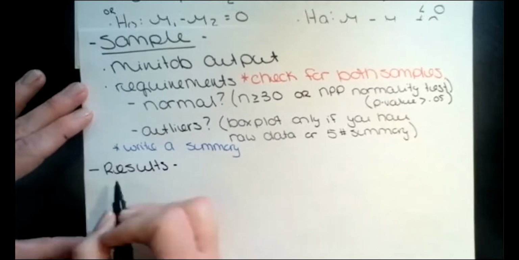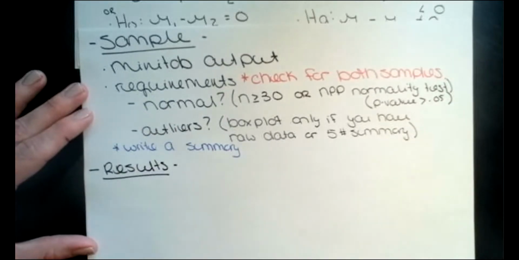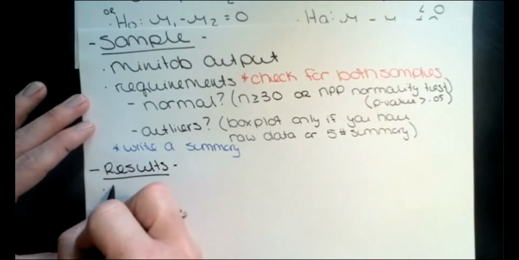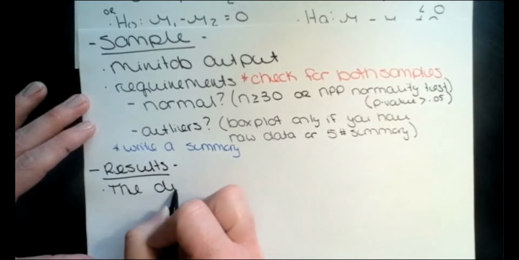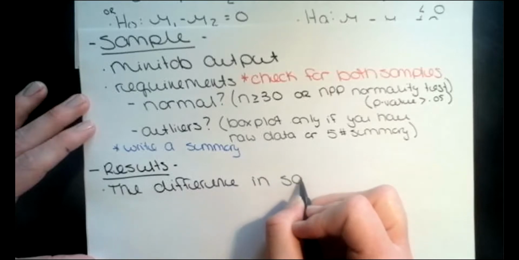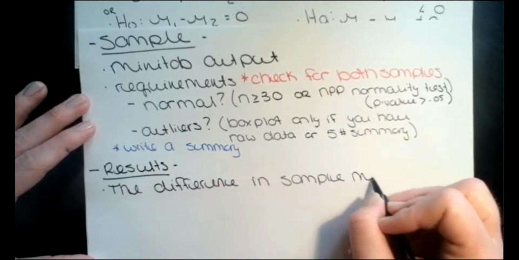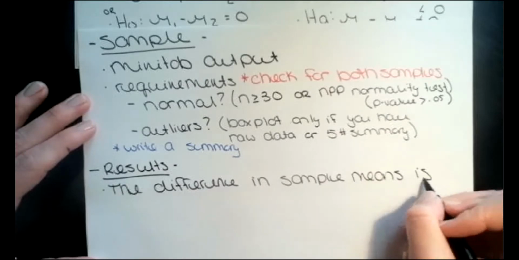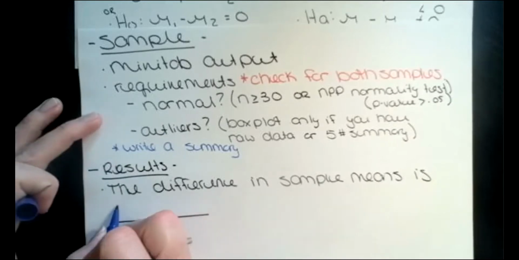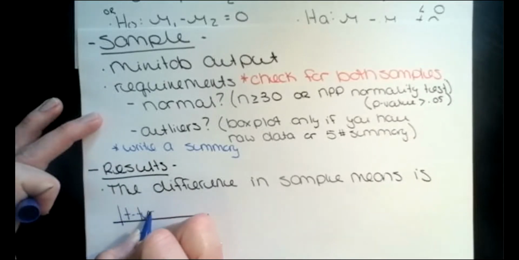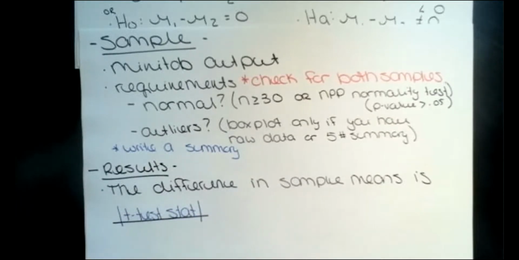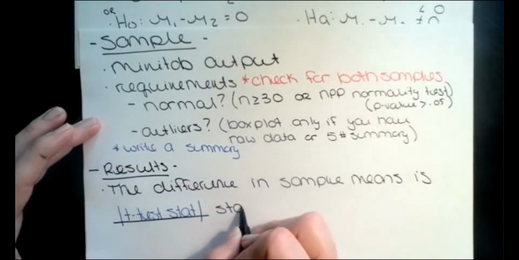My results step. We're going to cut this down just a little bit. So I'm just going to go right into interpreting the test statistic. And I'm just going to say the difference in sample means, or you can say X bars, is whatever my test statistic is. Remember, we use the absolute value. That many standard errors.